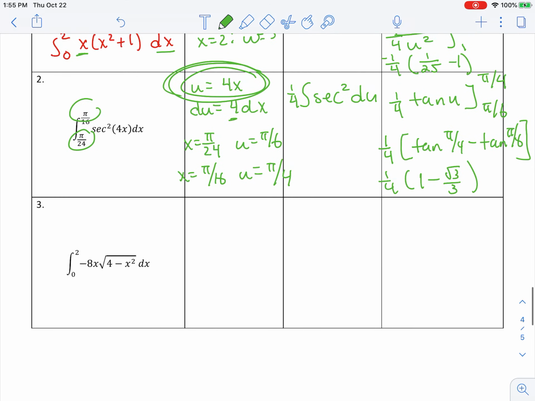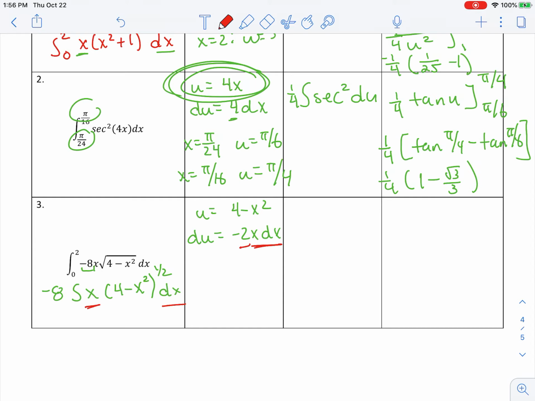Okay. Last one. So remember I said when you have numbers in the front, I usually like to go ahead and take it out. And this is what I'm thinking. Right? This is to the 1/2 power. So your u would be the inside function again. Your du is -2x dx. Notice again, there's your x dx, but we're going to do the reciprocal of that negative 2.